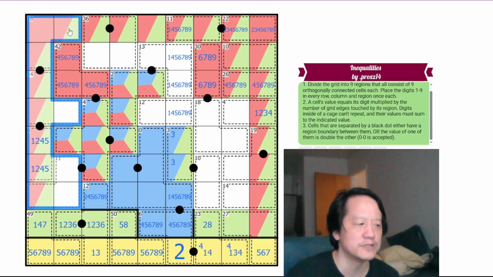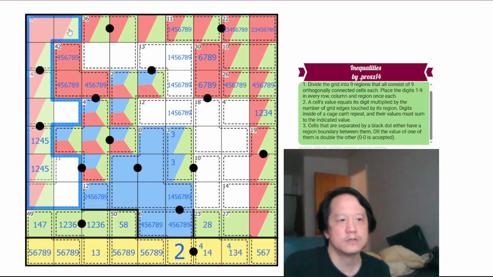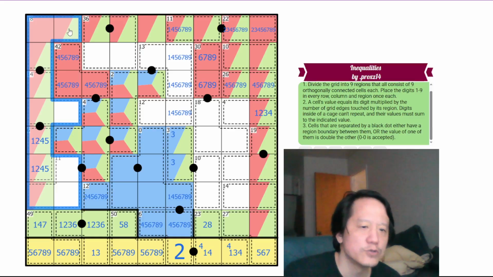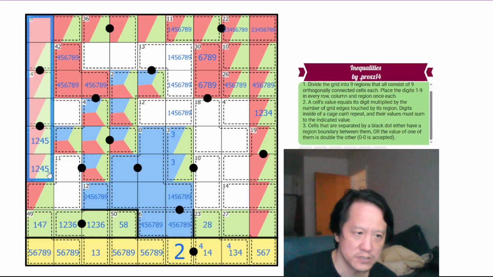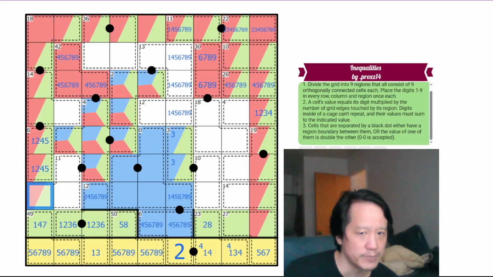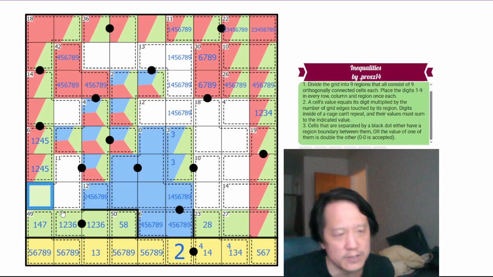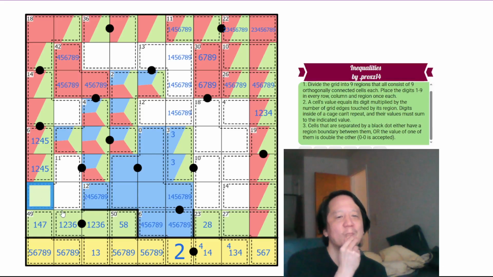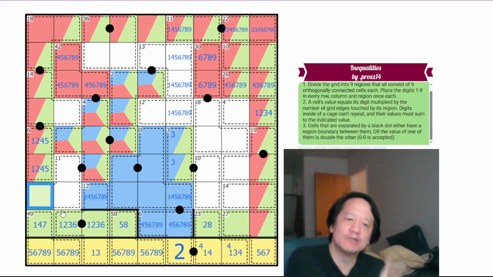So 49 minus 3 is 46 at most. 46 divided by 2 is 23. So the first 6 digits could be doubled to add up to 23. But you cannot have 7 digits doubled. So this cannot be red here. This is guaranteed to be green. Does that help? Not really.